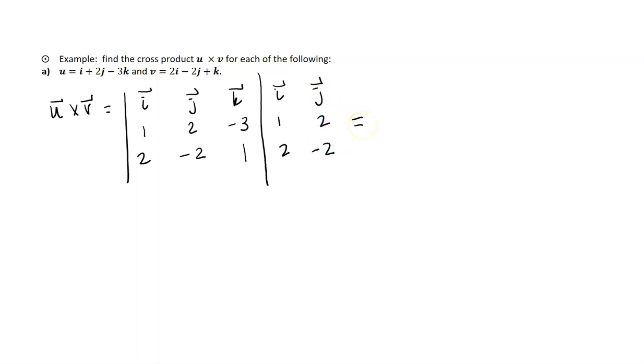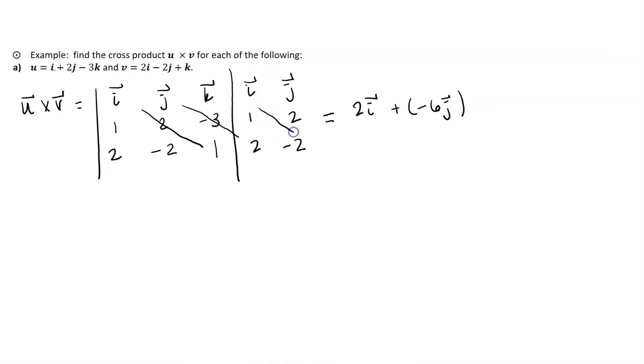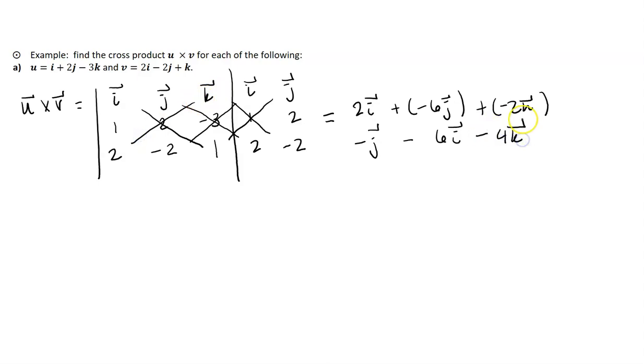Okay, so now we do our forward diagonals, and we get 2i plus negative 6j plus negative 2k, minus j, minus 6i, those two are positive, but remember we're subtracting it, minus 4k.